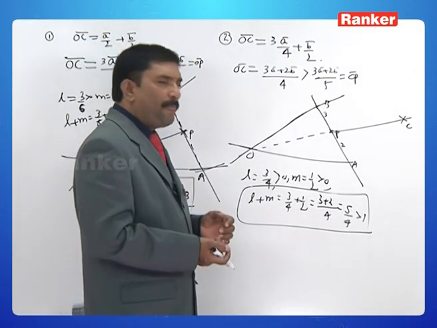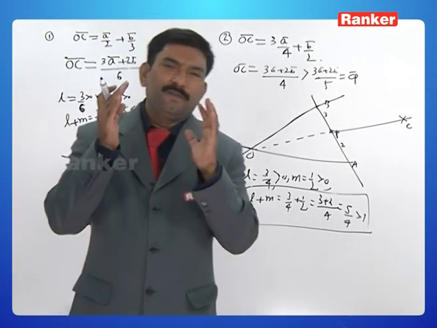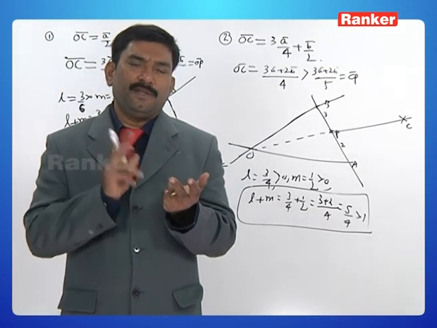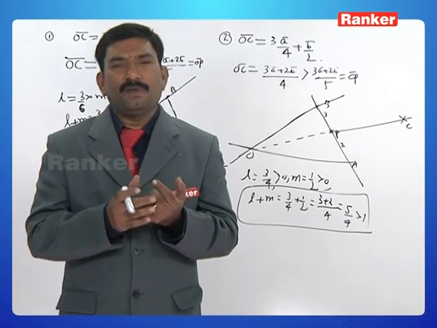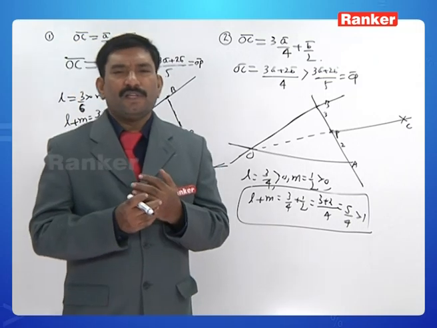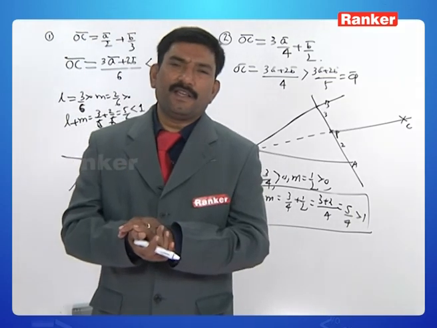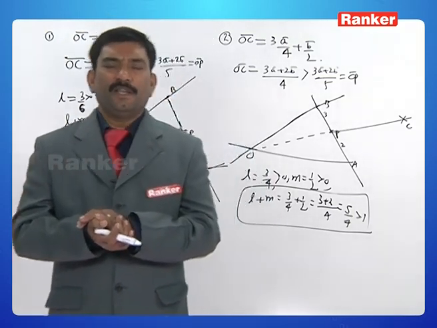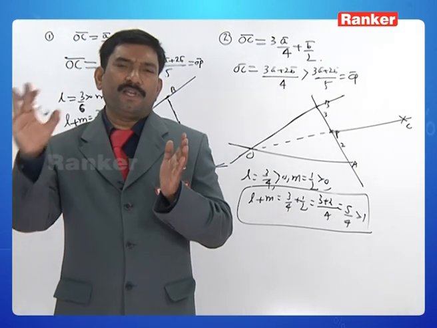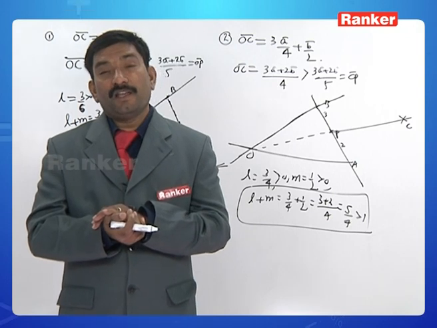So therefore, now by using the concepts, I have given many conditions. First condition is L greater than 0, M greater than 0, L plus M less than 1. Then C bar lies inside the triangle OAB. Next, L positive, M positive, L plus M greater than 1: C lies outside of the triangle OAB, but inside the angle AOB.